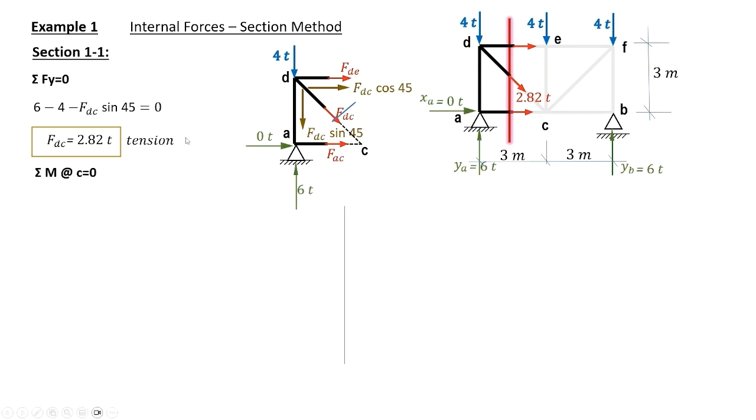Taking sigma moments about C, we will compute FDE. Note that FGC and FAC pass through C and therefore they do not appear in the equation about C, as they have no arm with the joint C. Of course, we will consider the external forces 6 tons and 4 tons.